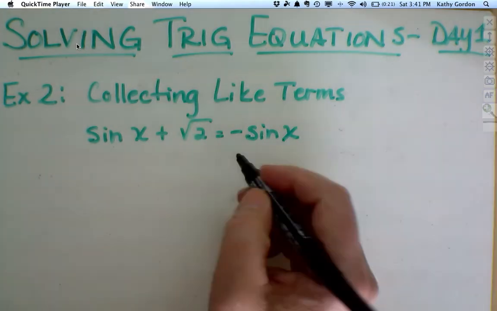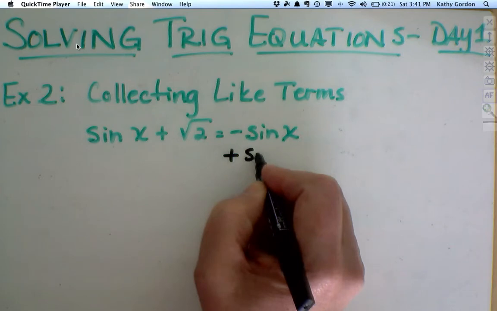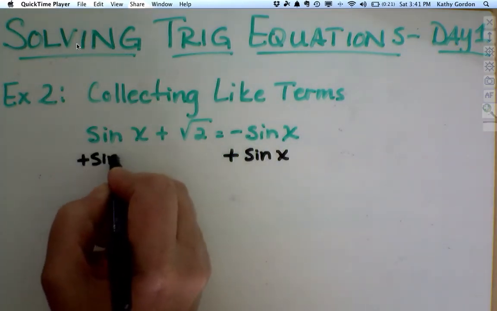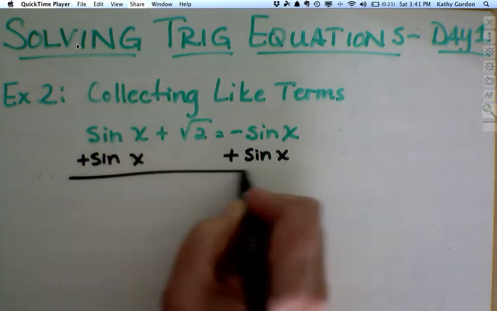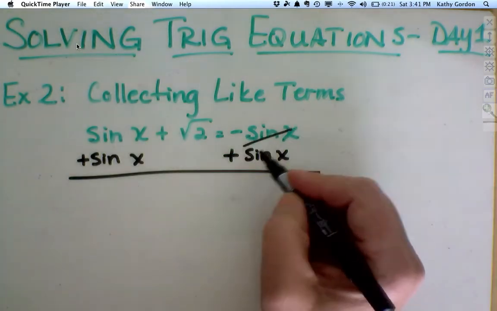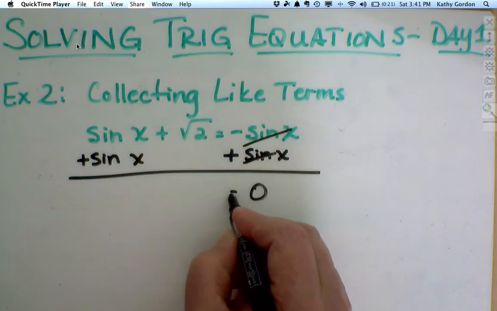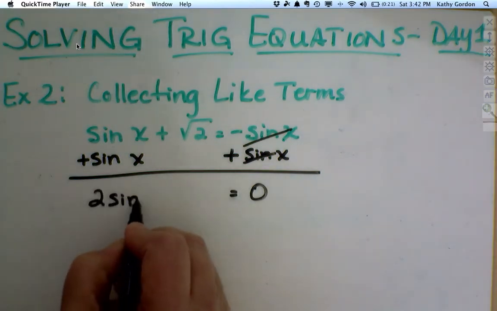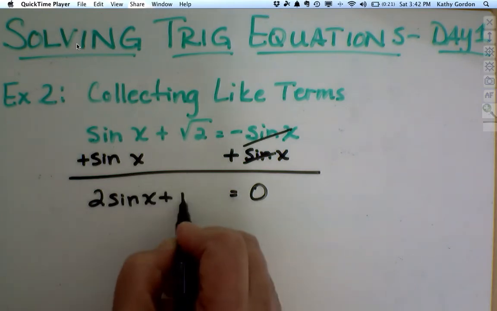So I'm going to add this sine x over to this side with this sine x, so that here things will cancel and I'll have a 0. And then here I'm going to get 2 sine of x plus our square root of 2.